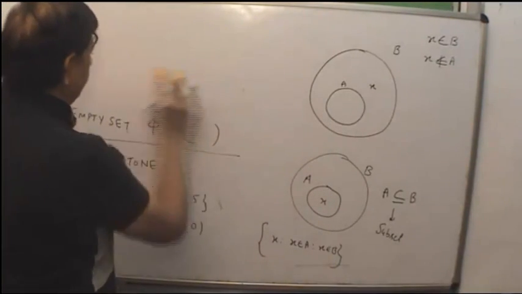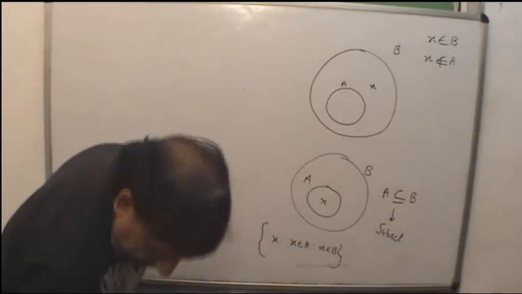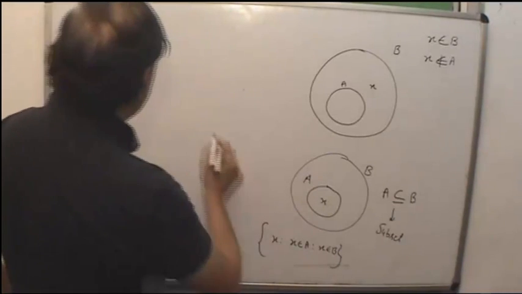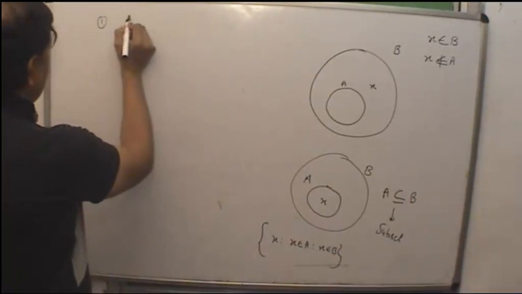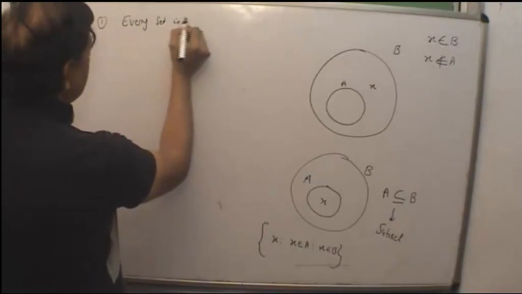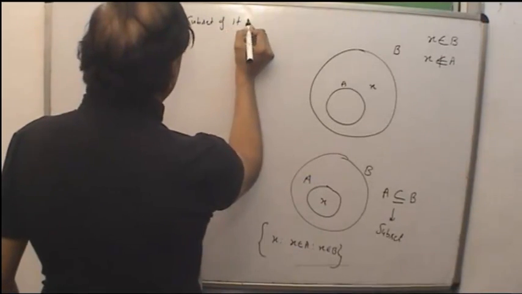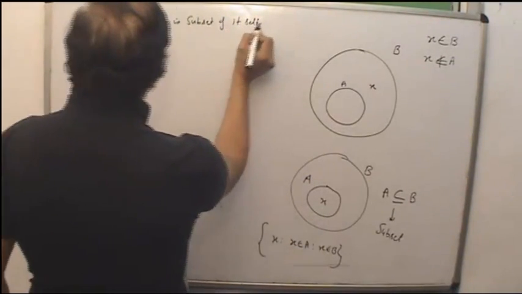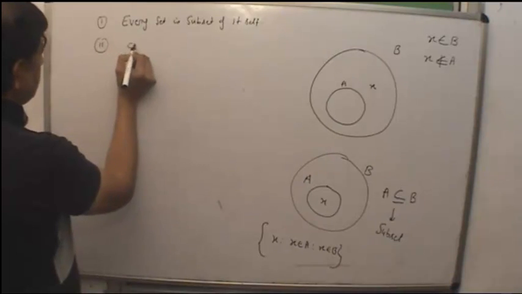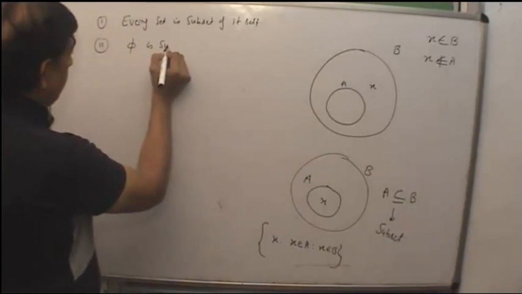Here are some considerations regarding subsets. First of all, every set is a subset of itself. Number two, the null set, phi, is a subset of every set.